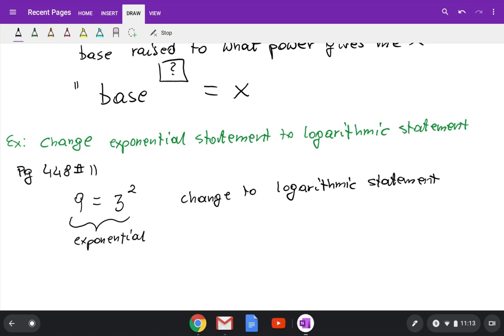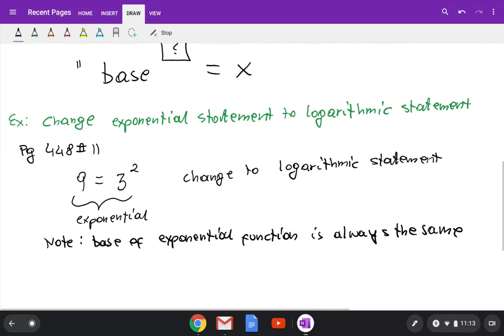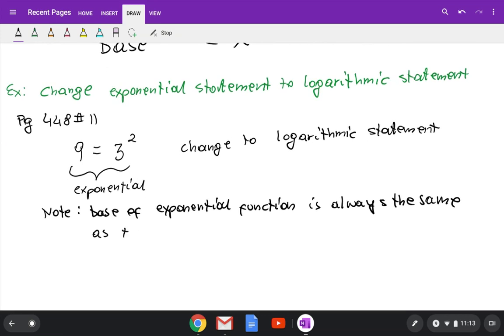Always identify what the base is, because the base of the exponential function is always the same as the base of the logarithmic function.